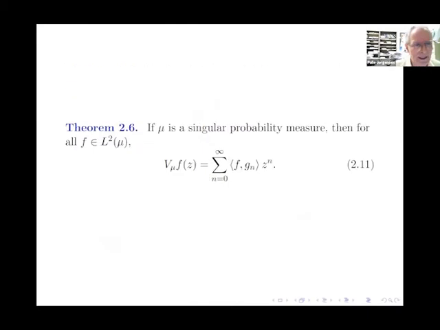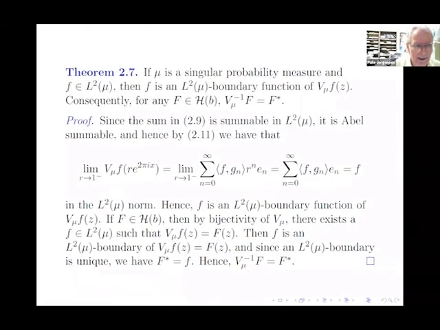Then you also see that V mu takes you from L2 of mu to the corresponding subspace of the Hardy space, and it's invertible. So the inverse takes you in the opposite direction.